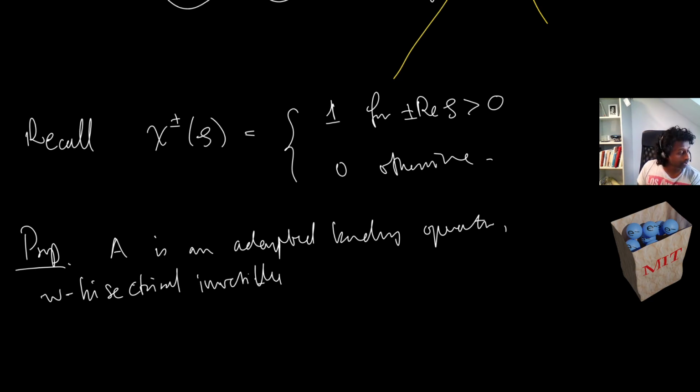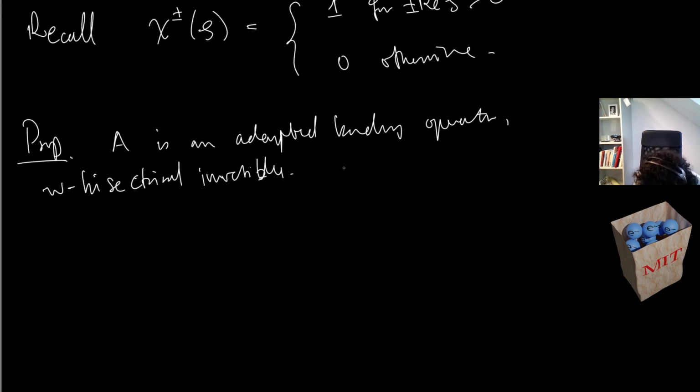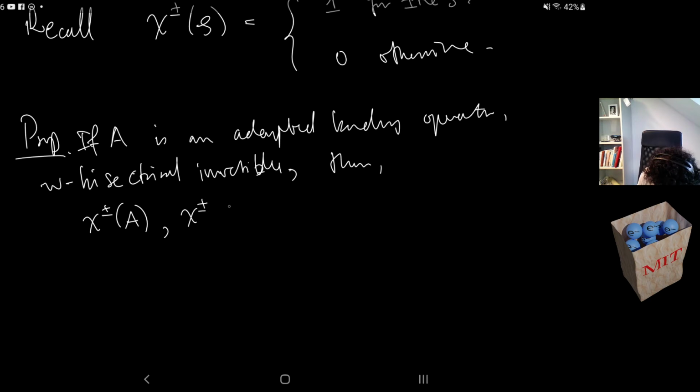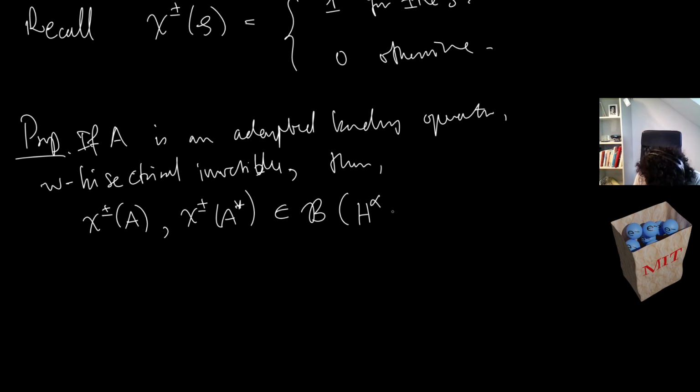So for such an operator, we have that chi plus minus of A and chi plus minus of A star are bounded operators on the Sobolev scales H alpha of partial M, E, for all alpha in R, including the negative ones. Okay?